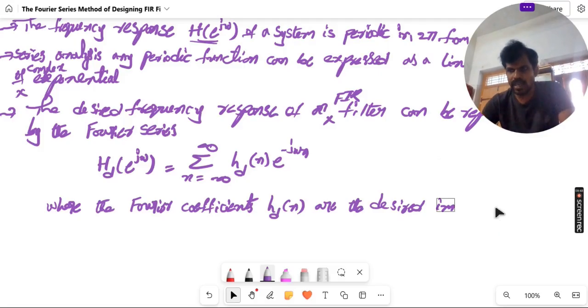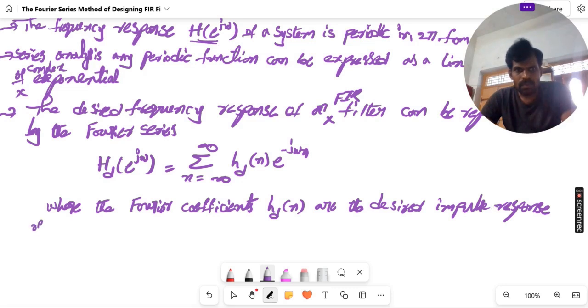The desired impulse response of the filter is represented by small h suffix d of n, which is equal to 1 by 2 pi.